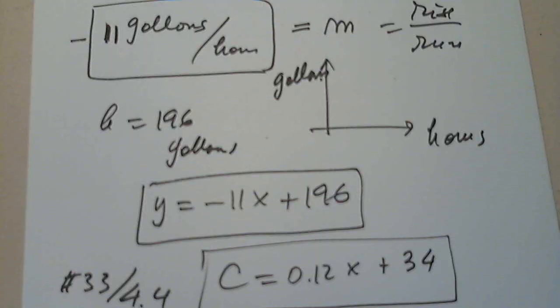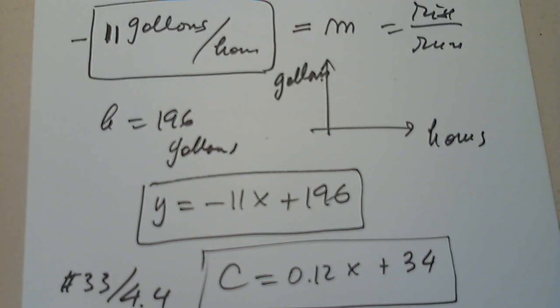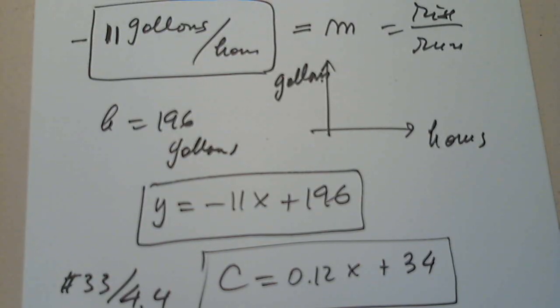But now they're also asking, what is the cost of renting the truck if the truck is driven 139 miles and 301 miles? So all we have to do is replace x by 139 and afterwards by 301. Do we understand that step?